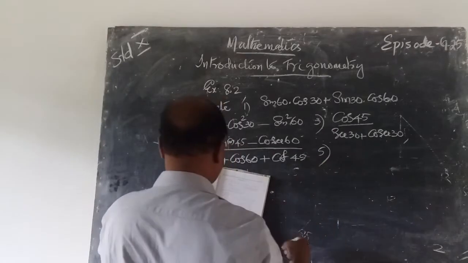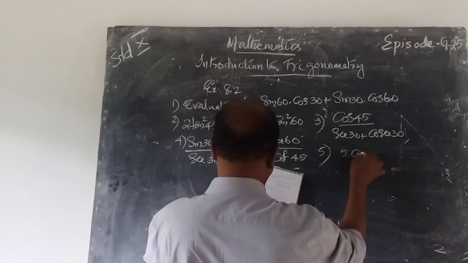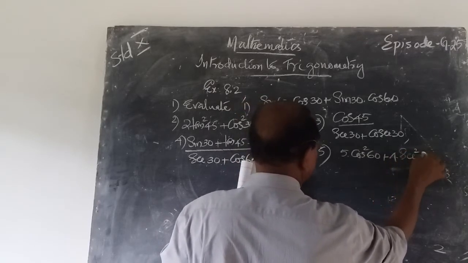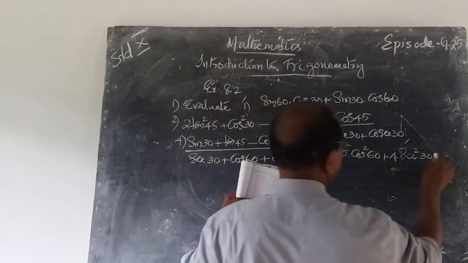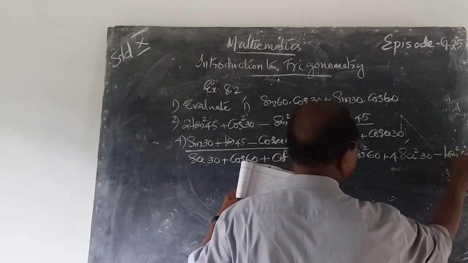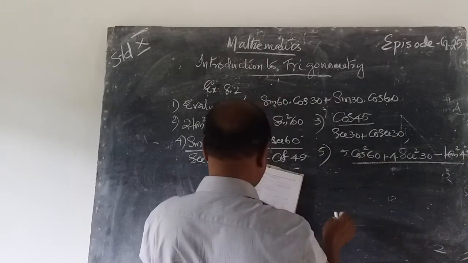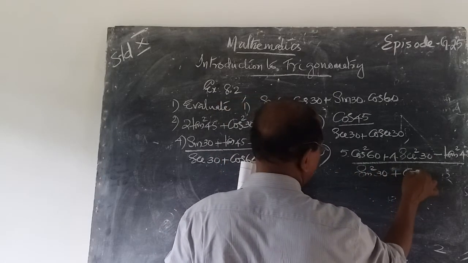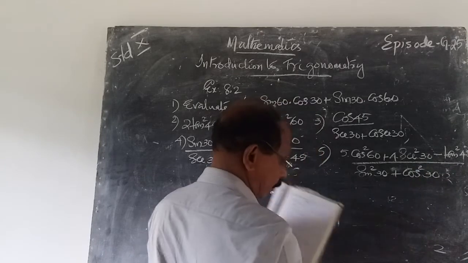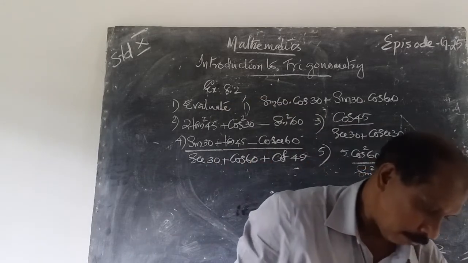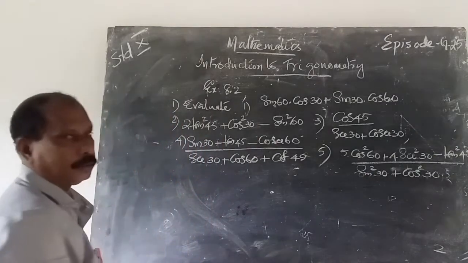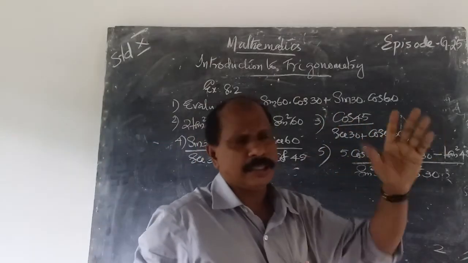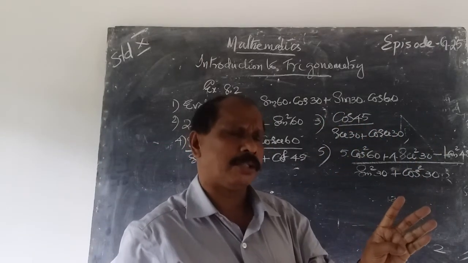And the fifth question, 5 cos square 60 plus 4 sec square 30 minus tan square 45 by sin square 30 plus cos square 30. These are the main 5 questions. Clear?